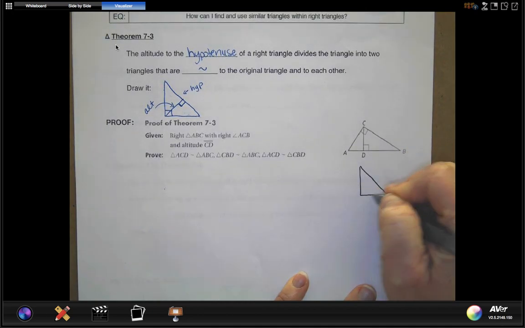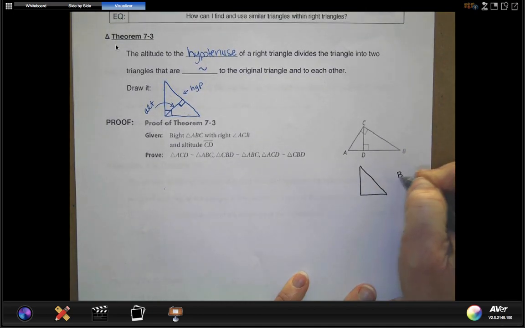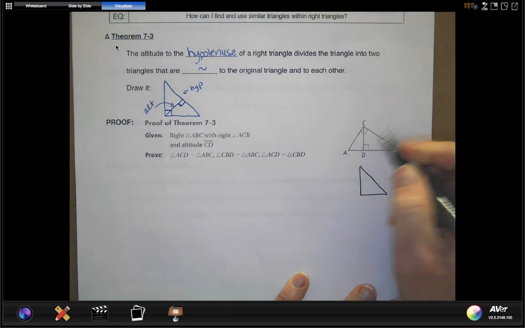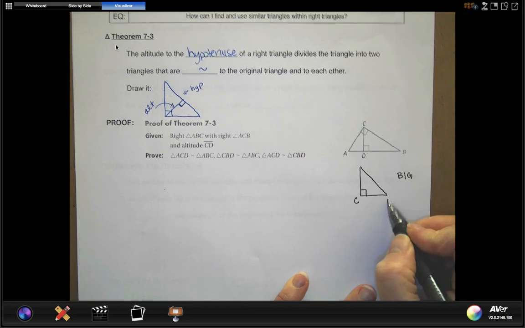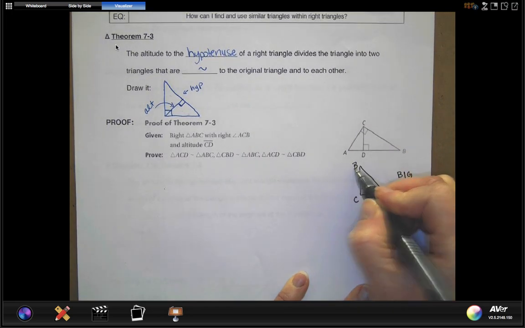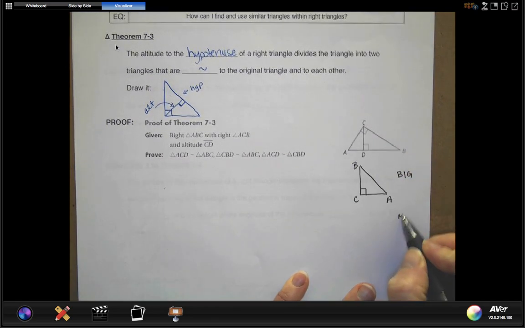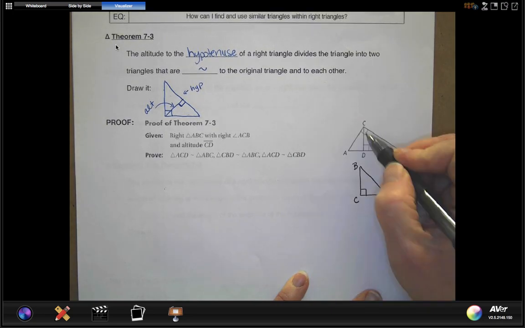So we have a big triangle. In my big triangle, the right angle is at C, the short leg is A, the long leg is B. I have a medium-sized triangle, that's this one right here.